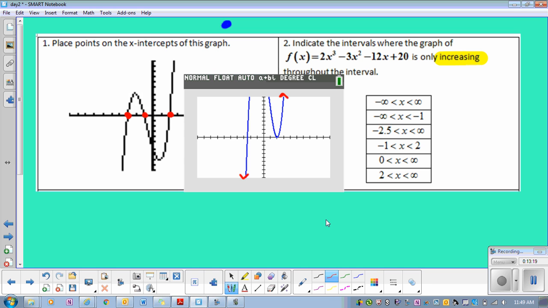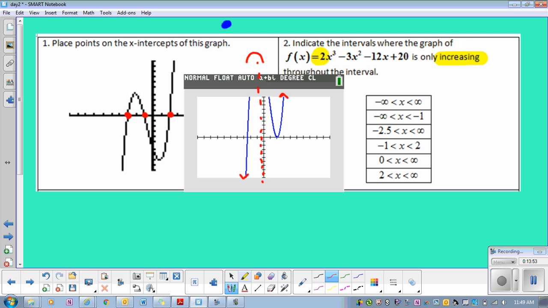Another way I know this is going up on the right is because my leading coefficient is a positive number. That means my right end behavior is going up. So it's increasing from here to wherever it stops up here. That is probably going to be halfway-ish, maybe like here.